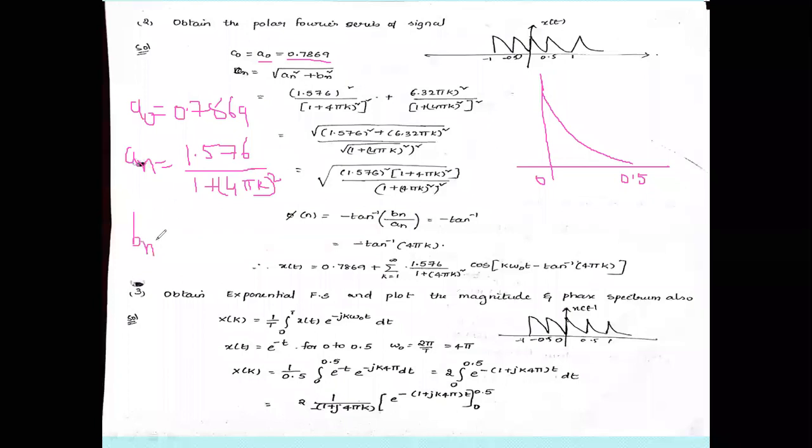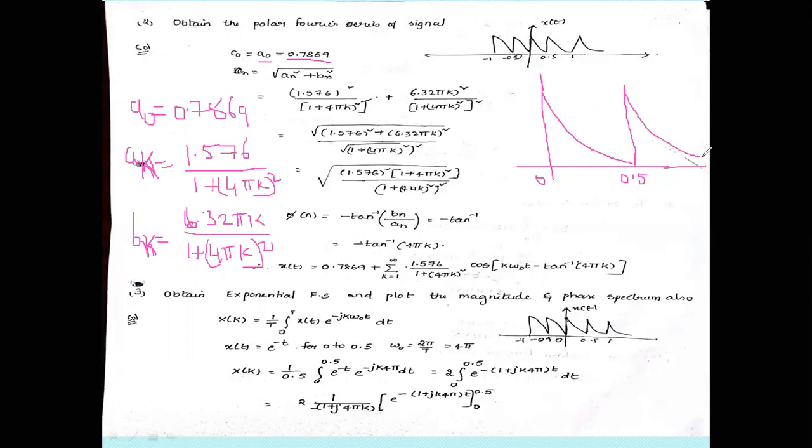And Bn, or B suffix k, is equal to 6.32 pi k. So if we are using the k value, this value is also k only. A suffix k and B suffix k, 6.32 pi k by 1 plus 4 pi k whole square. Okay. These are the 3 terms we already found by using these characteristics, exponentially decaying with a period of 0.5.